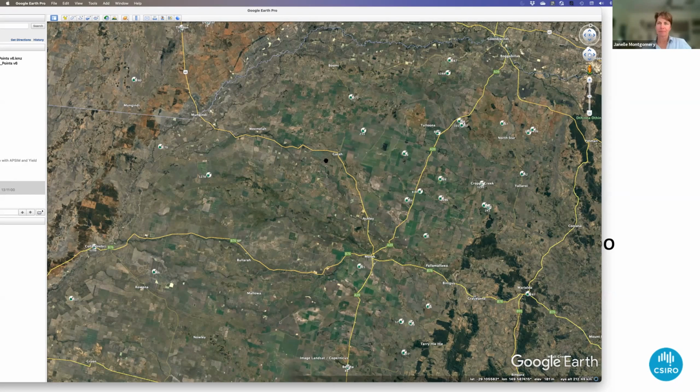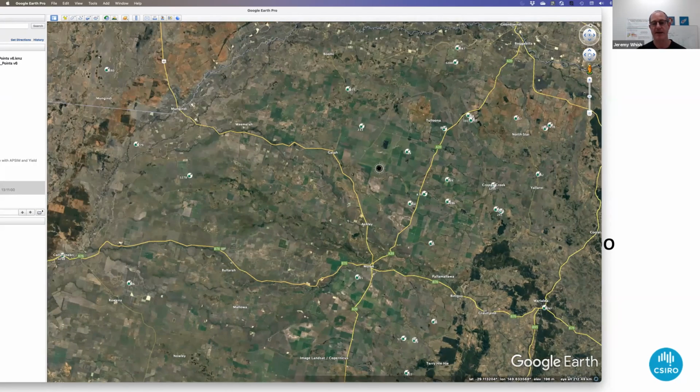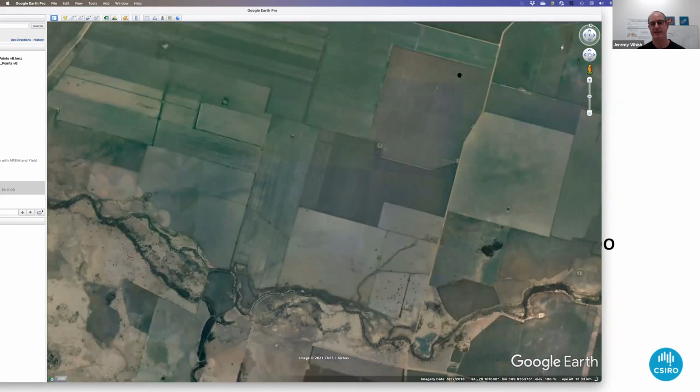Thanks, Jeremy. If you're getting yield maps and you're wondering why you're getting different yields across a paddock, even just using something like Google Earth can map out where soils may be changing.